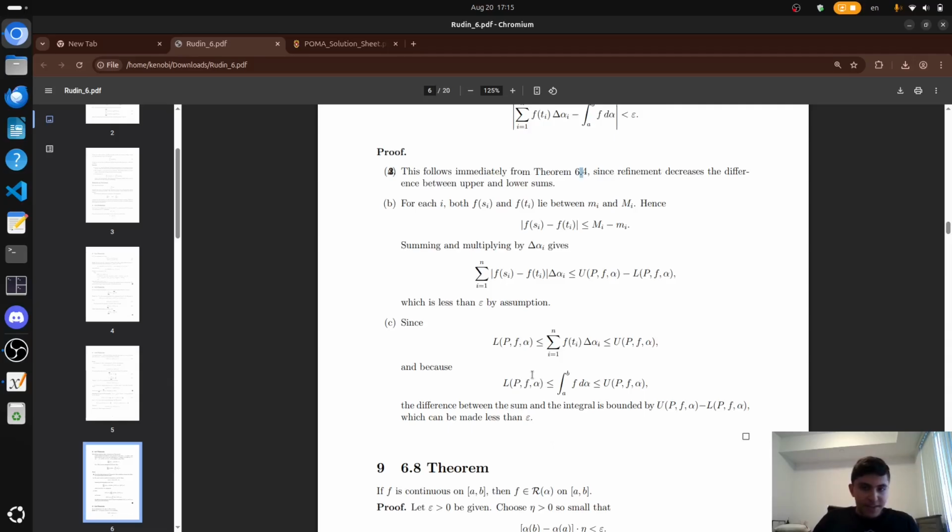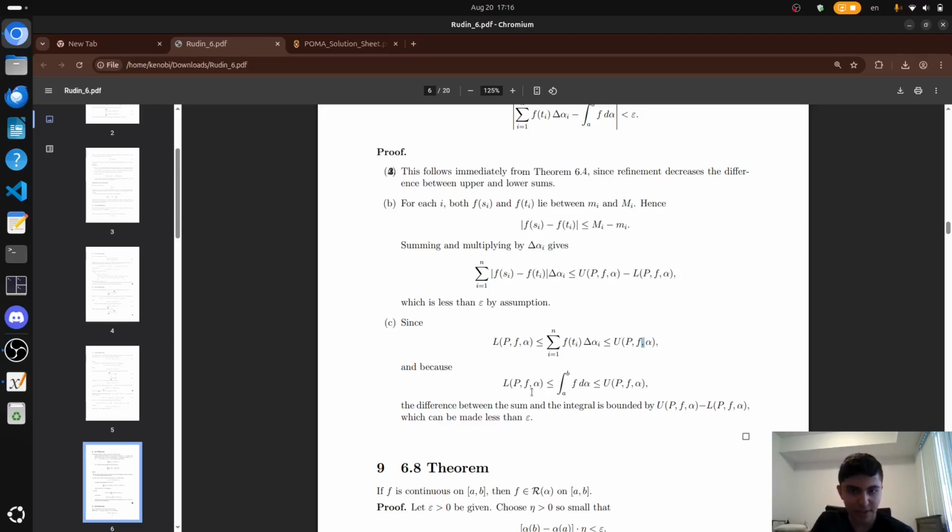And now for this, we know that LPF alpha is less than or equal to the sum from 1 to n of f(ti) delta alpha i, which is less than or equal to UPF alpha. The reason is that f(ti) lies between m and capital M, right? It's between those values, and you're having the same delta i. So we know it lies between these two things.